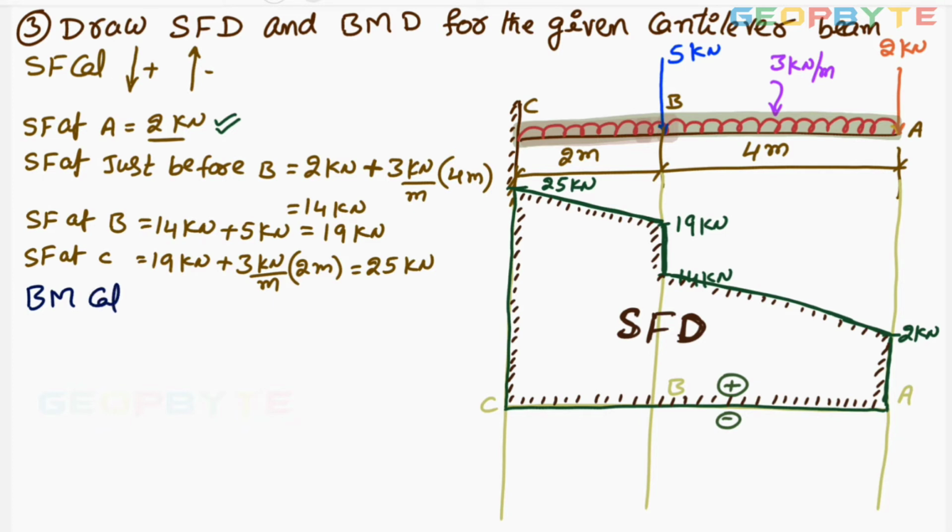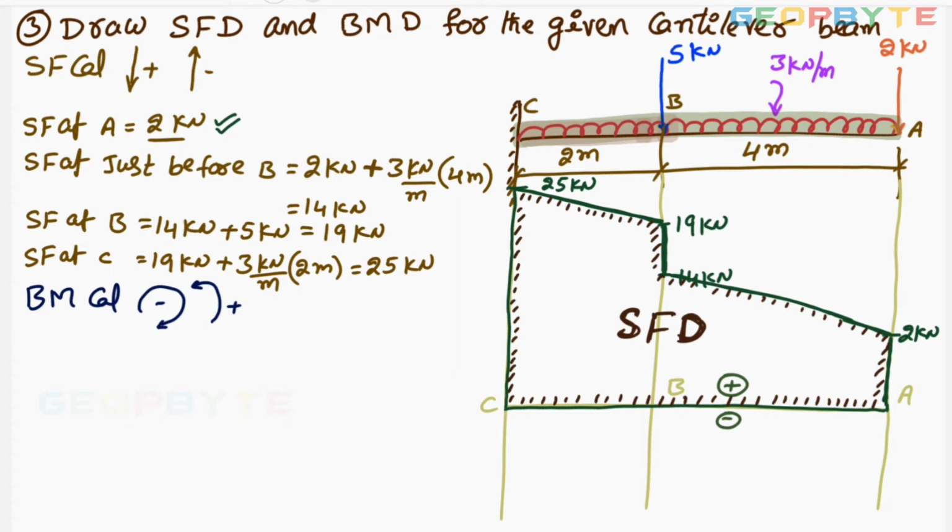For BM calculations, you should take the clockwise moment sign representation and anti-clockwise moment sign representation. Generally, clockwise moments are negative, anti-clockwise moments are positive.